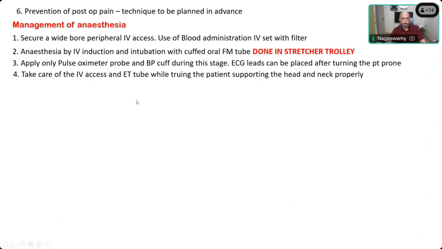And while positioning, what is the important thing you have to take care of? You position the patient on the operating table with support. Where should the supports be placed?